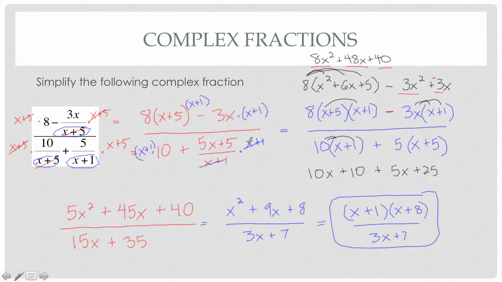So we multiplied those over here with all the terms. Then once we had a polynomial in the numerator and denominator, we had to do some distributing, some multiplying, and then some combining like terms and simplifying. But we end up with a final answer that is a polynomial in the numerator and denominator and is simplified out. That's how we work with complex fractions.